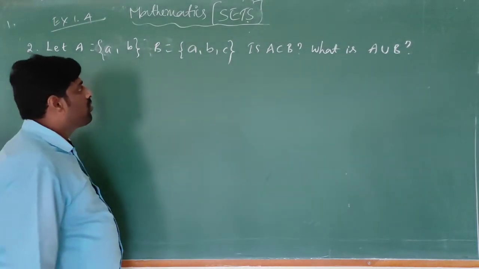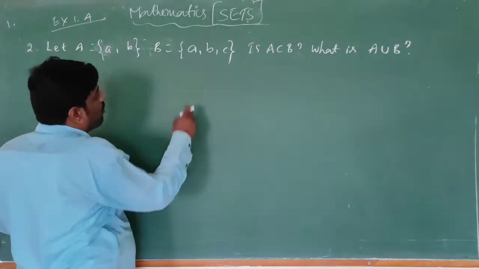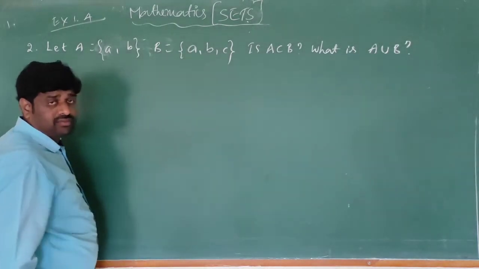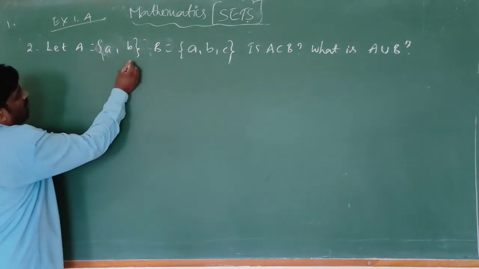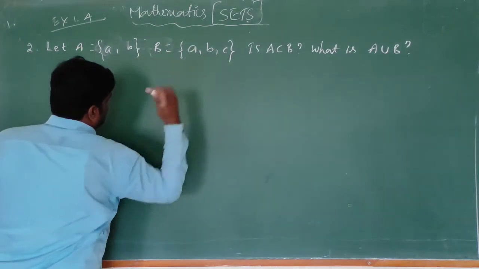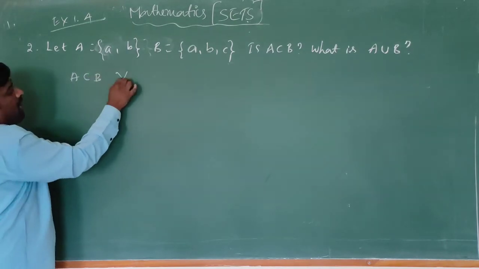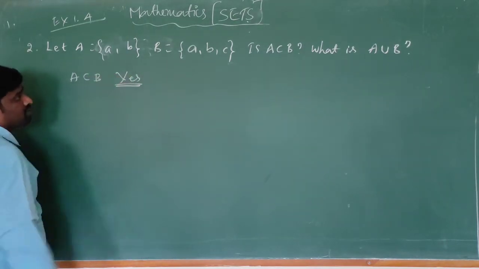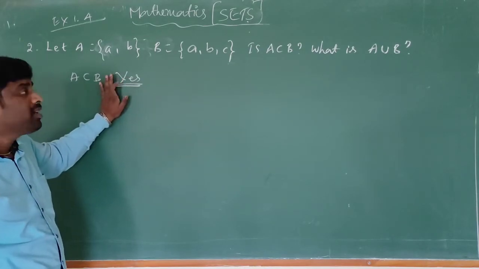Okay. So here A is equal to {a, b}, B is equal to {a, b, c}. Is A a subset of B? Yes, A is a subset of B. See, these elements are present in set B. Answer is yes.